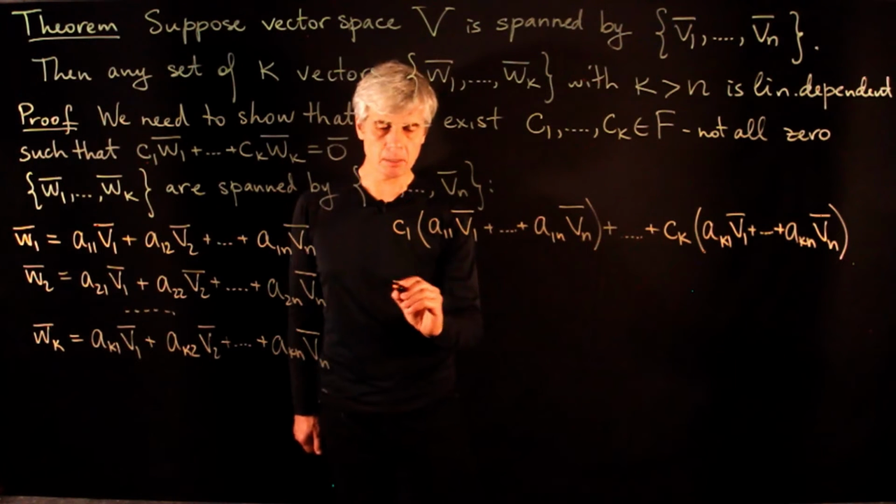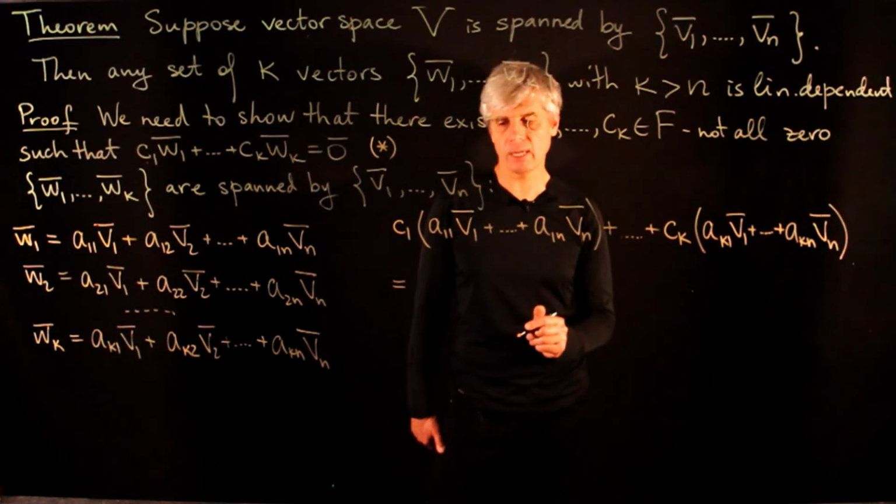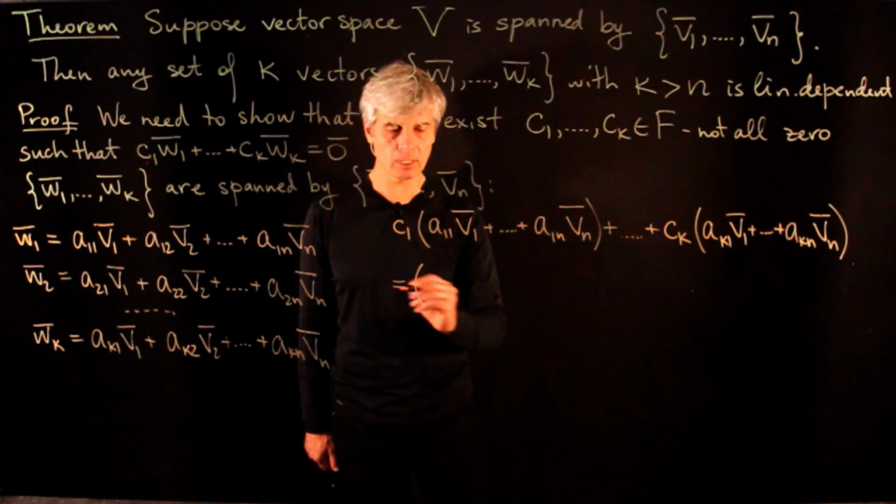Now, if we rewrite this, let's group terms with v1, v2, and vn. What's the coefficient at v1?